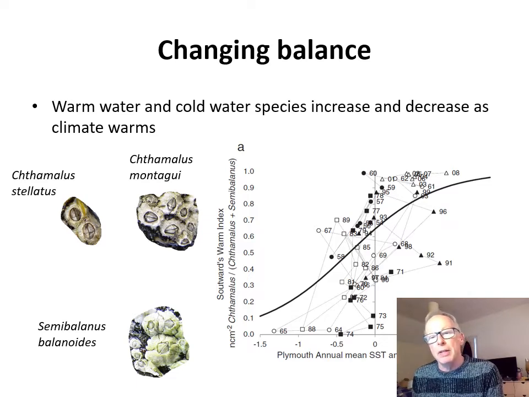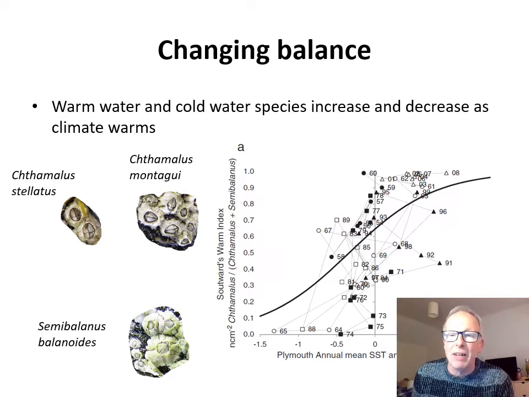Each dot on this plot represents that ratio of the number of warm water species to the total number of barnacles. And what it means is that in warm years, the warm water species dominates, and in cold years, the cold water species dominates. So that shows how relatively quickly changes can happen in these particular kinds of species. Short-lived, but very sensitive to temperature in these places.